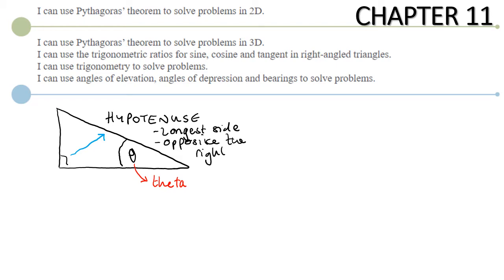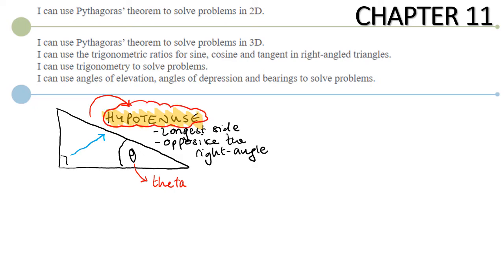And you can see it there. That blue arrow is pointing to the side opposite the right angle, which is the hypotenuse here. Let's put an arrow like this, so there's the hypotenuse.